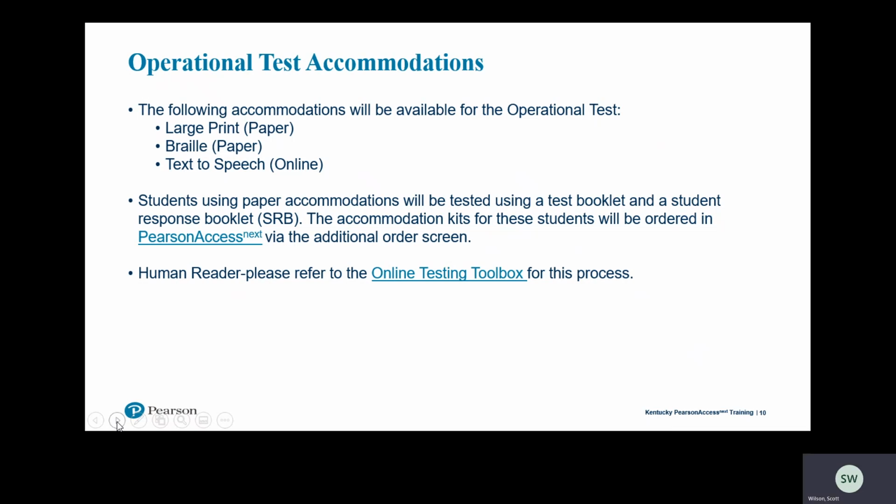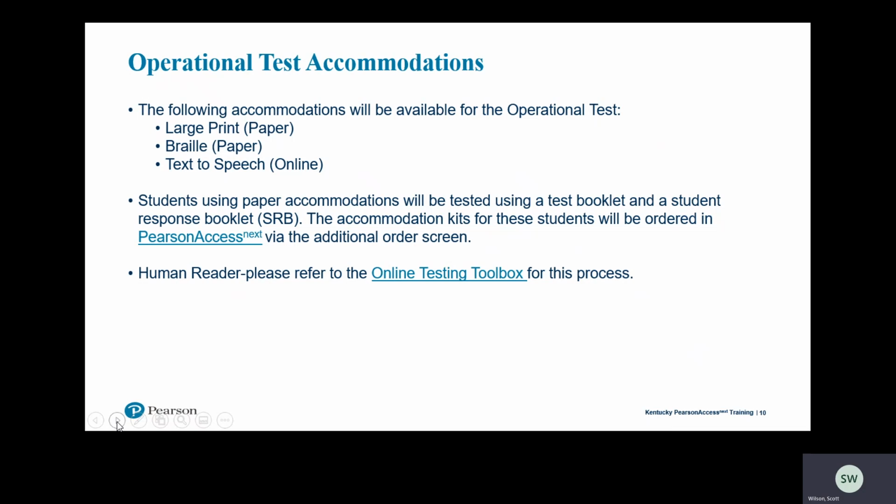All students using paper accommodations will be tested with a test book and a student response book. These kits with all the accommodation materials will be ordered in Pearson Access Next via the additional order screen. That is similar to what we've done in the past.